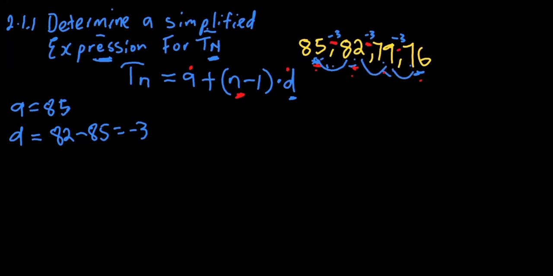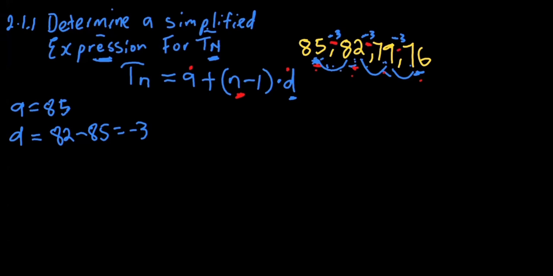Here it is negative 3. 82 minus 85 gives negative 3, and 79 minus 82 gives negative 3. So this is descending.